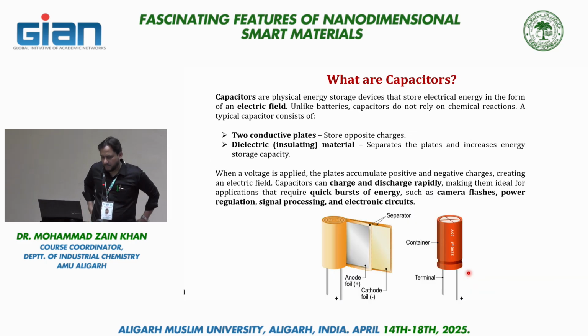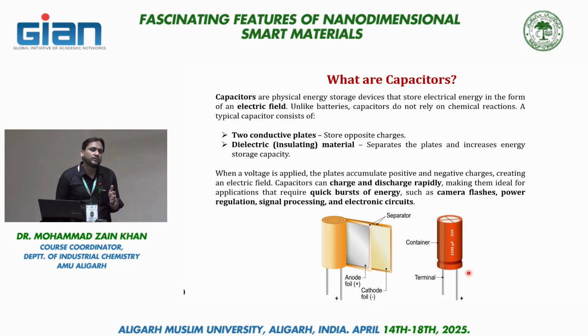Now, what are capacitors? A capacitor is a simple device which consists of two electrodes, of course, a positive and a negative electrode, which are kept apart from each other by placing a non-conducting or insulating material in between them, which is also called a separator. For example, you can see here they have taken two electrodes.